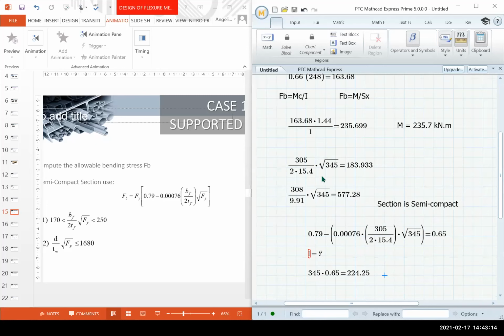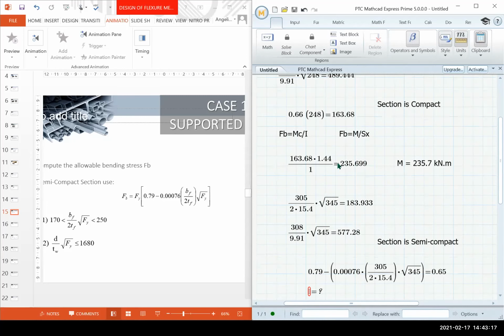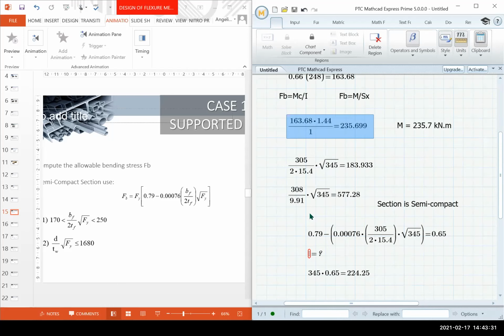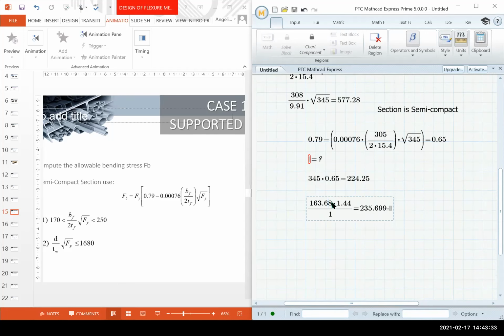Tapos, gayahin lang ulit natin itong ginawa natin kanina. Multiply the bending stress to your SX to get your moment. So, copy natin to. Palitan lang natin yung bending stress ng 224.25.